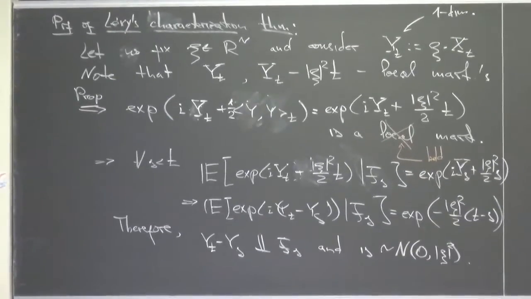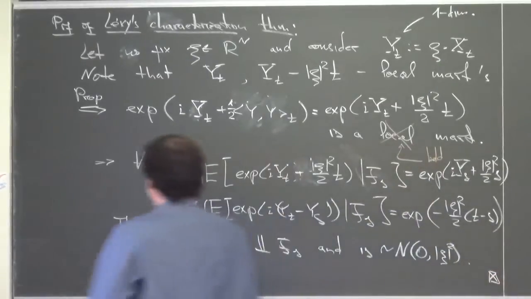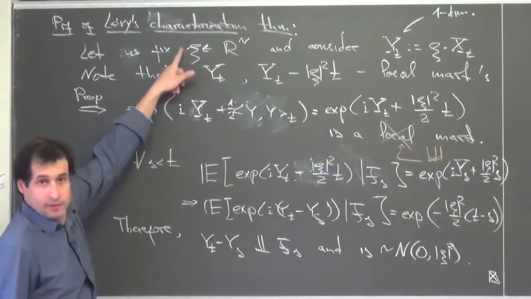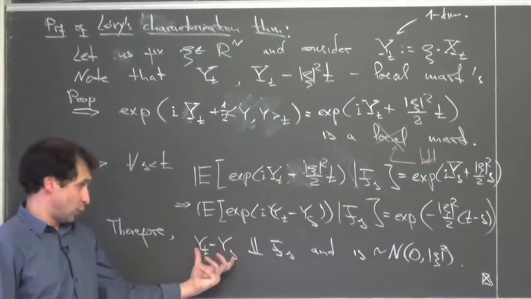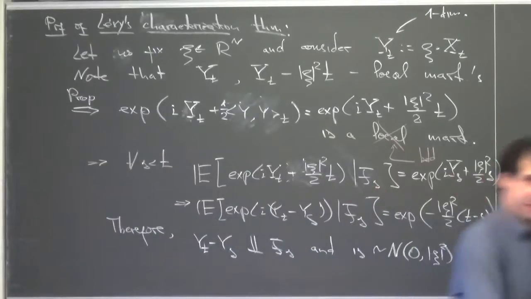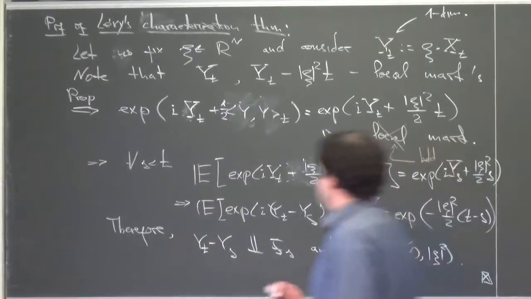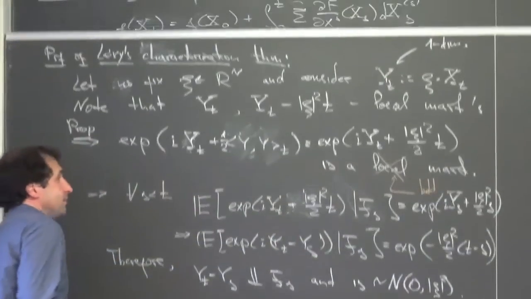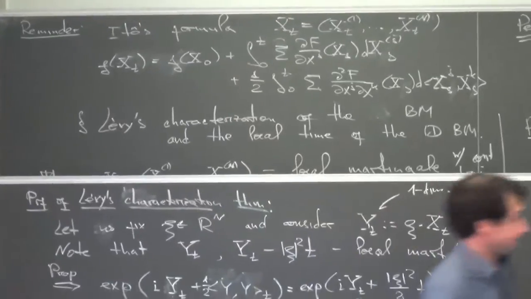Basically, that's it, because we know this for any xi, any fixed vector. So we know this is a Gaussian vector which is independent of the past and is distributed as a vector valued Gaussian. Okay? Easy. When we have this, that's it.